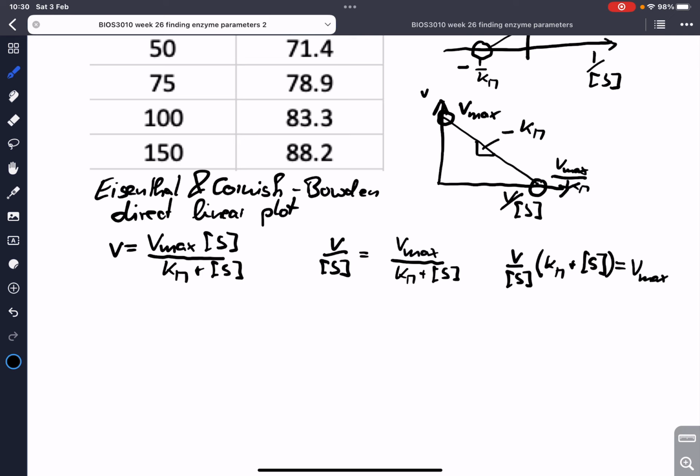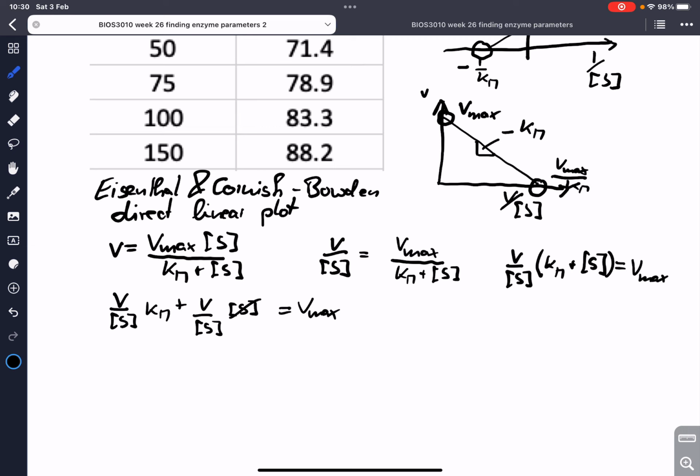Now, of course, we can multiply into the bracket, and we would get V over S times Km plus V over S times S equals Vmax.